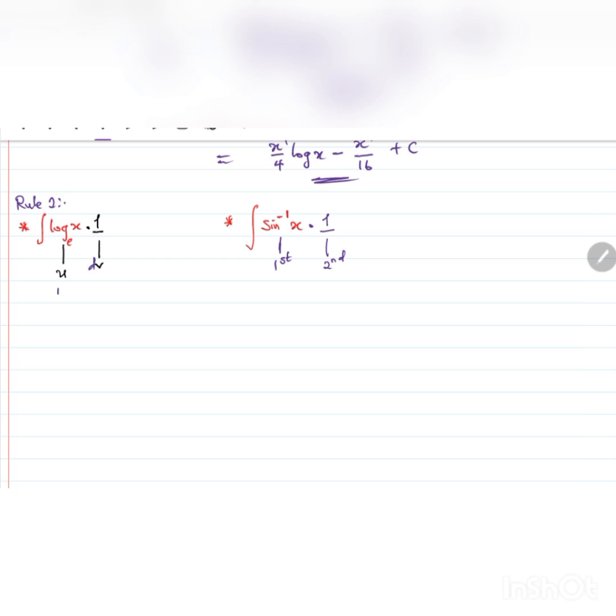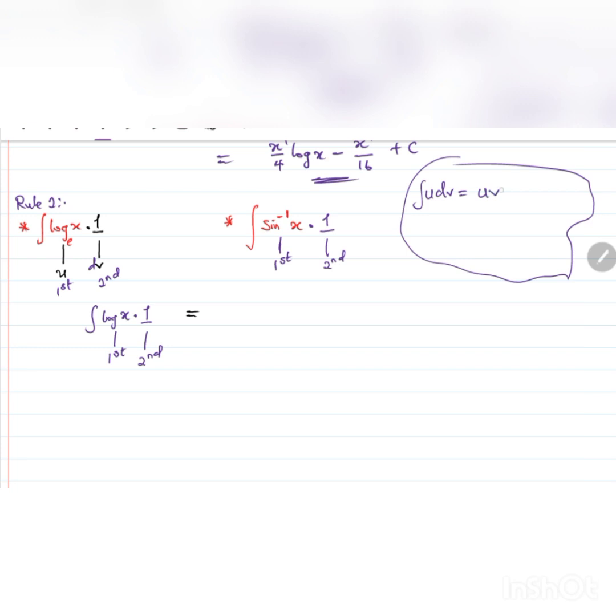Here, this is the first function, this is the second function. Let's take log x as an example. The integral of log x in base exponential times 1: this is the first function, this is the second function. Using the formula, let's write it here. The formula is the integral of u dv is equal to uv minus the integral of v du.